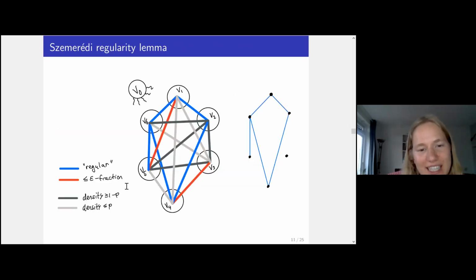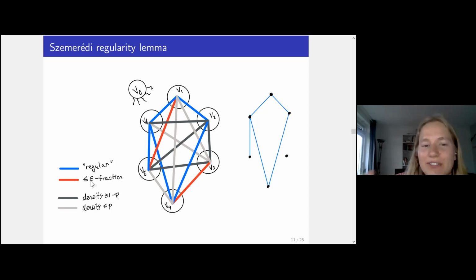So I guess not everyone is familiar with the result, so it's not going to be important for the rest of the talk. But I'll just quickly try to give you some idea of what the lemma says. But if you don't know this and you don't understand what's going on, that's also completely fine. So Szemerédi's regularity lemma, you give it an epsilon, and then it gives you a constant.